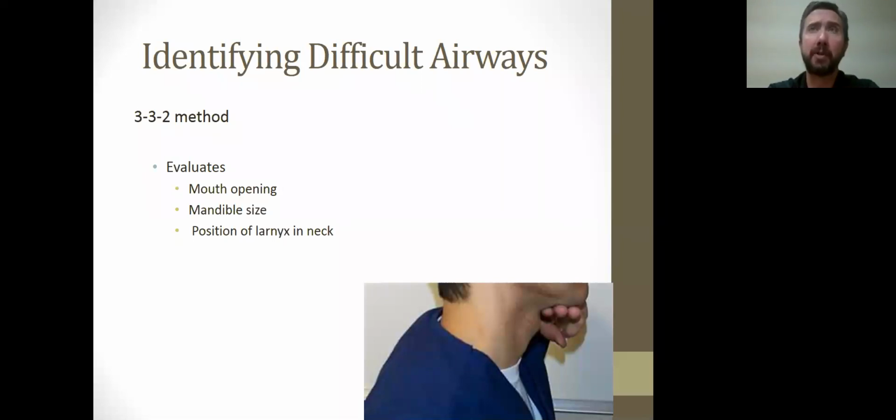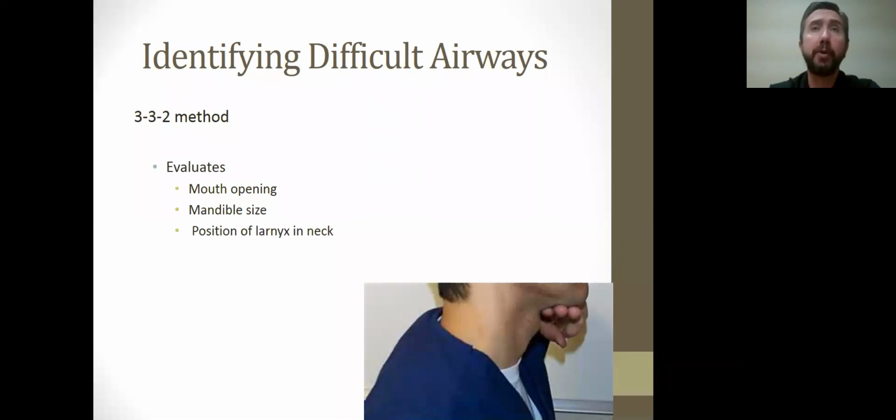This is the picture you see here, the distance from the tip of the mentum, or the chin, to the hyoid bone. Less than 3 finger widths will have greater difficulty, indicating a more recessed or some sort of mandible issue, which is what we commonly refer to as an anterior airway.